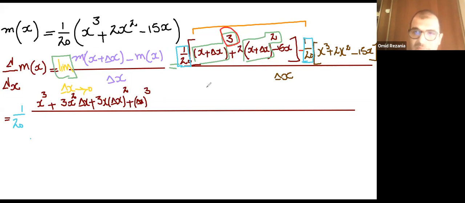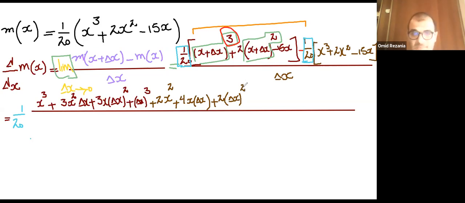Now I continue with the second term. I have 2, and I'm going to multiply 2 to each term of the power 2. Then it becomes plus 2 times x to the power 2, plus 4 times x times delta x, plus 2 times delta x to the power 2.